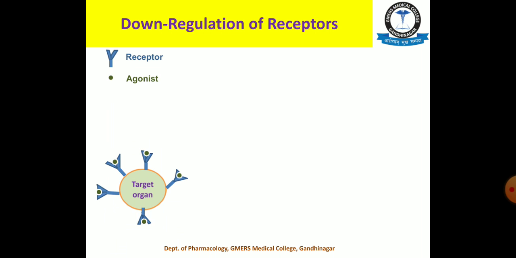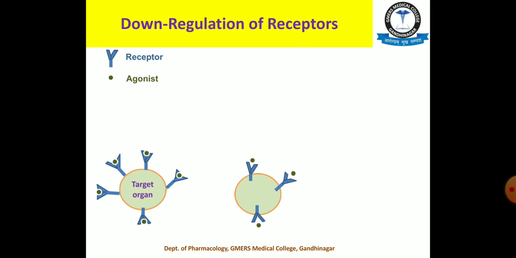Now, if we are giving this agonist over a period of time, what will happen? Can you see the difference between the first figure and the second figure? In the second figure, the number of receptors decreases, and there is somewhat of an internalization of the receptor. The receptor shifts inside the cell. That is known as internalization of the receptor.